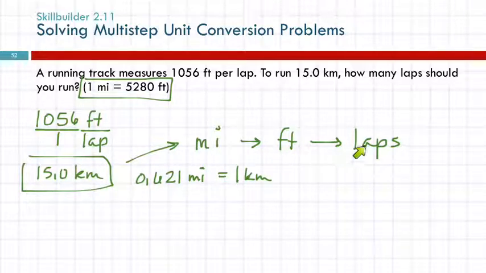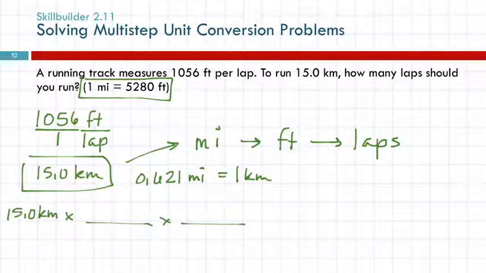This is our path now, okay? So we have to count up arrows, 3 arrows. So I'm going to start with 15 kilometers, and I'm going to have 3 fractions because I had 3 arrows. You couldn't get Siri to do this one for you because she doesn't know about this particular track. That's why we make up problems like this.